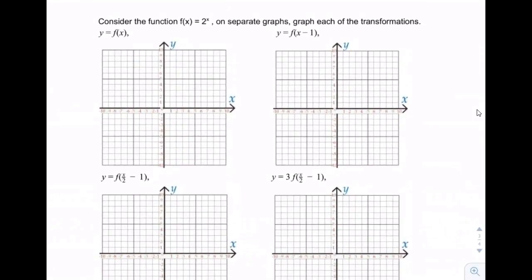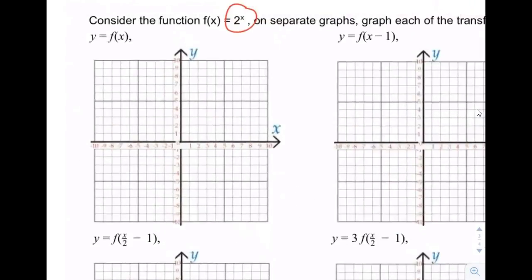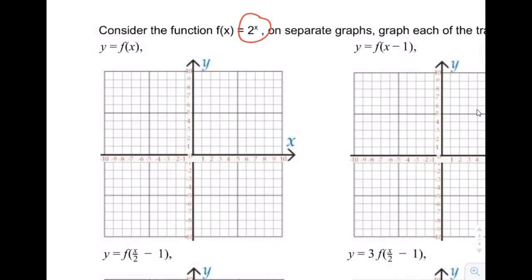So let's do this one. In this case, I'm going to first graph 2 to the x, and this is one of the graphs that you should memorize if you can't just plug in numbers and do it. But basically, remember, whenever you put x equals 0 in there, 2 to the 0 is 1, right?